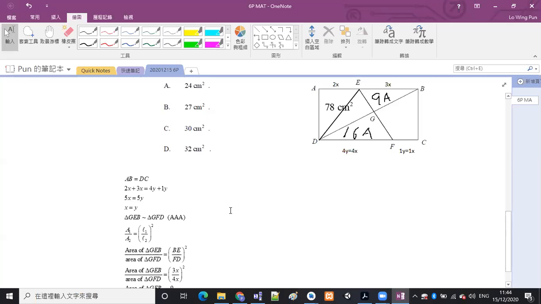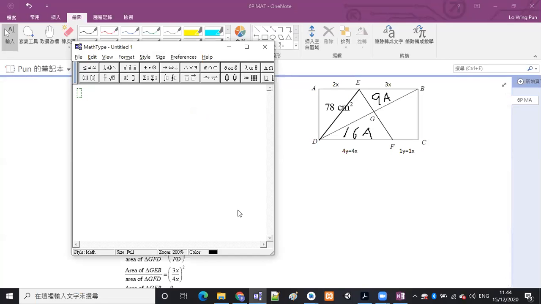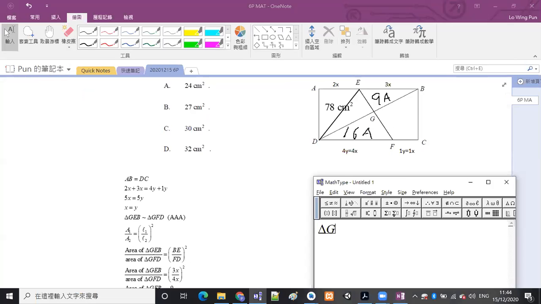And because of the similar triangles, we know that because triangle GEB is similar to triangle GFD, then we can say that the ratio of the corresponding sides will be equal.